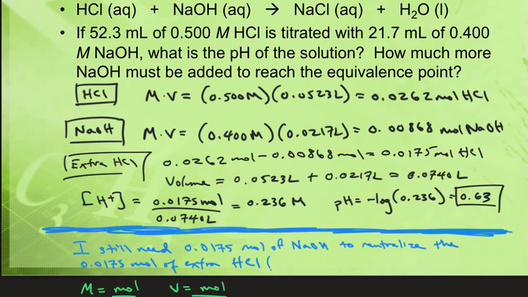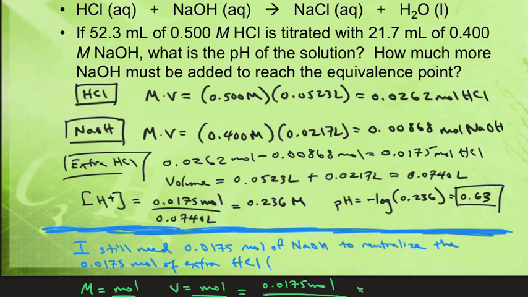So to figure out the volume of the base that I still need to add, we rearrange the equation for molarity for volume, which is moles divided by molarity. If we plug things in here, the number of moles I need is 0.0175 moles, and the molarity of the base is 0.400 molar.